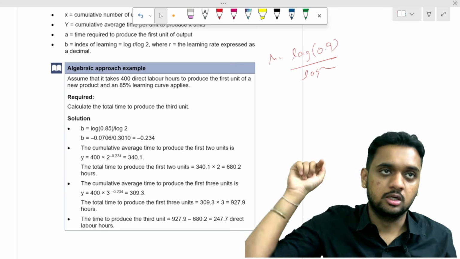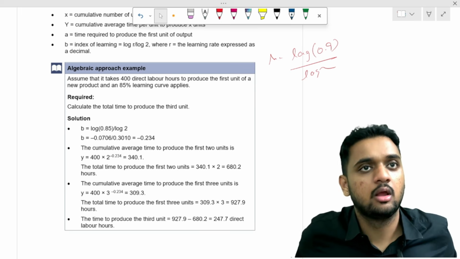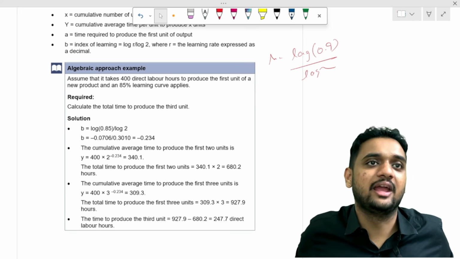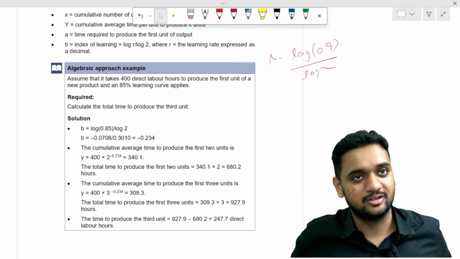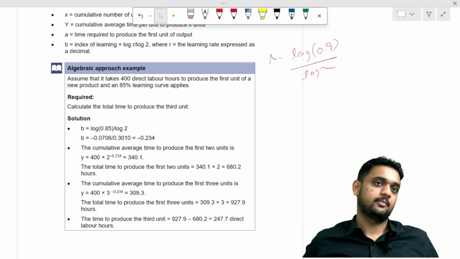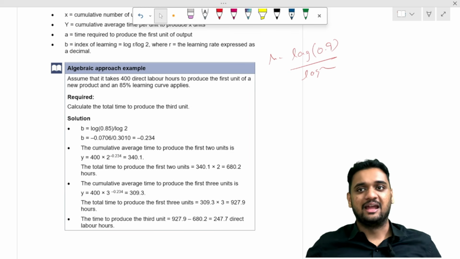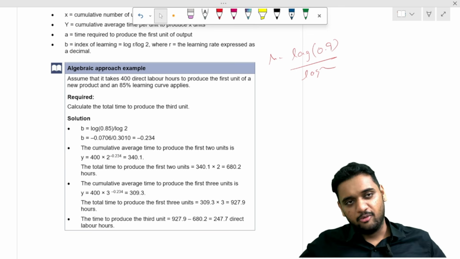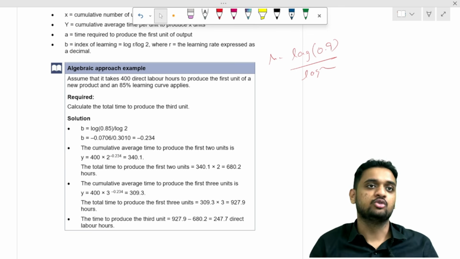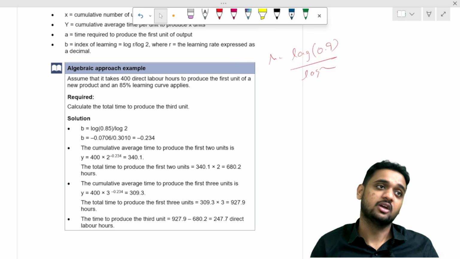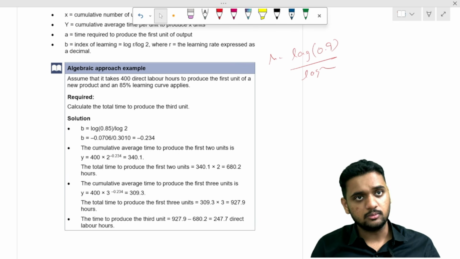Now, think and tell me what is the time taken to produce the third unit. First, you tell me before writing, how can you find it?